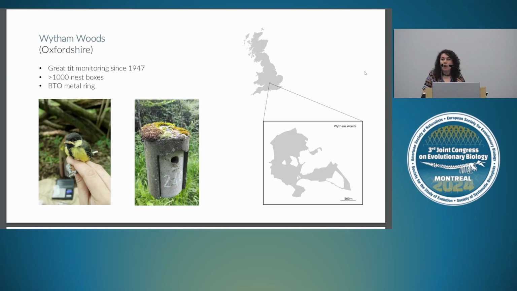We can build a social pedigree, and also we can know where they were born and where they have dispersed for breeding. Also, we can know which ones are the external immigrants because these are adults that we catch in the population that haven't been ringed or banded. So that is also useful information for these purposes.